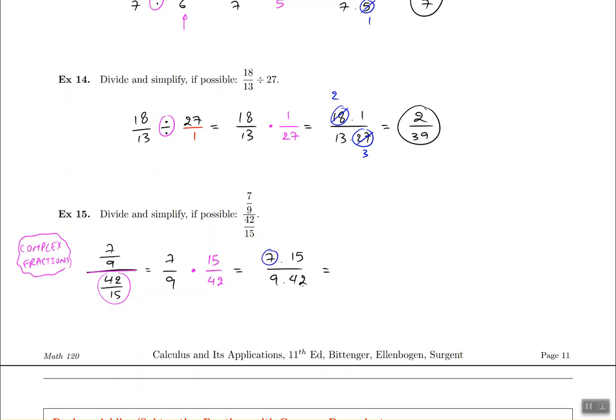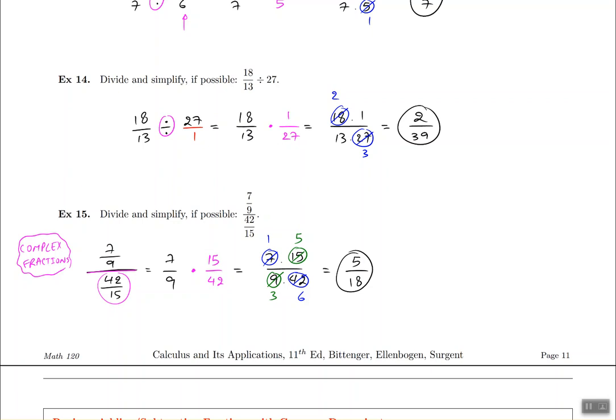So for instance, 7 and 42 can both be divided by 7 to get 1 and 6. Similarly, the 9 and the 15 can both be divided by 3 to give me a 3 and a 5 there. And the leftovers are 1 times 5, which is 5, and 3 times 6, which is 18. And that's the final answer.